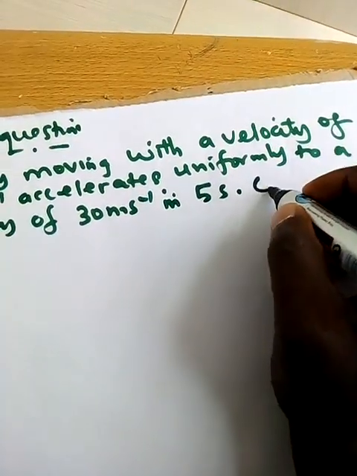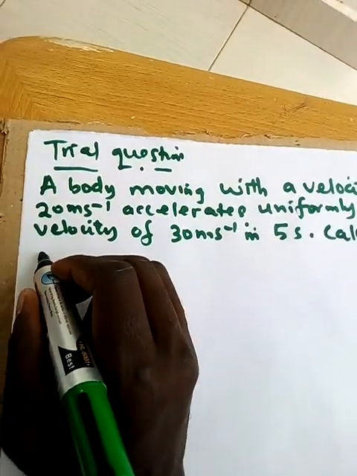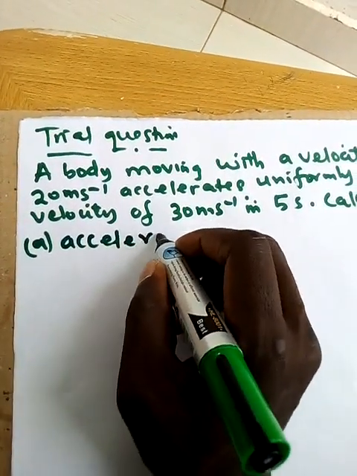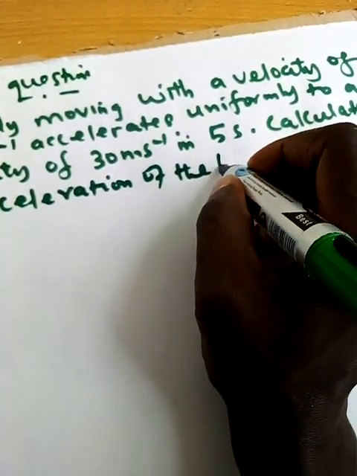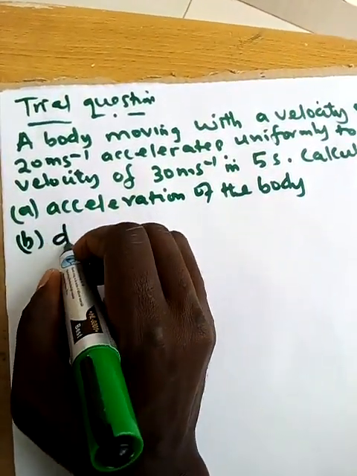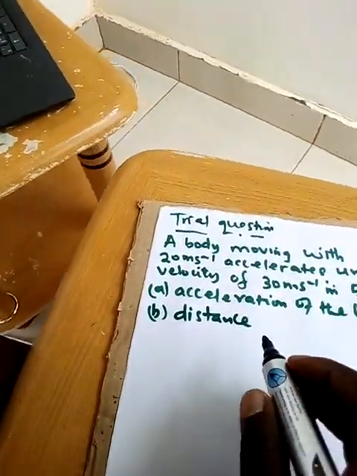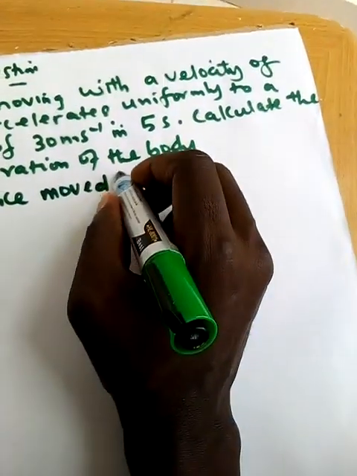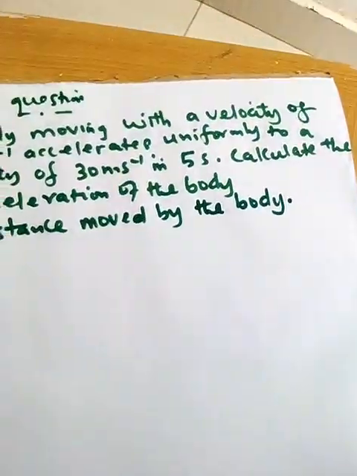Full stop. Calculate part A, the acceleration of the body. Then part B, the distance moved by the body.